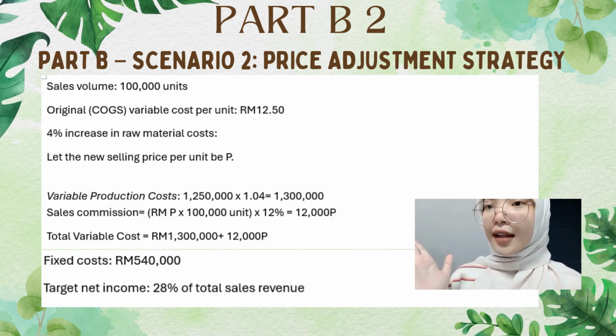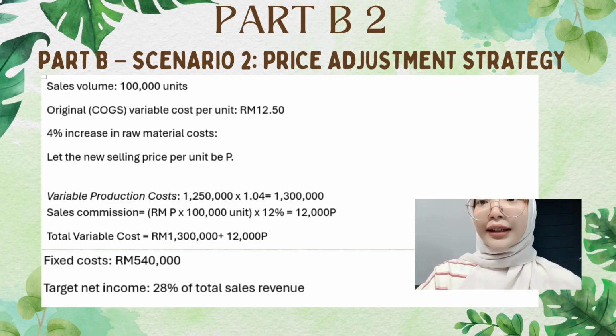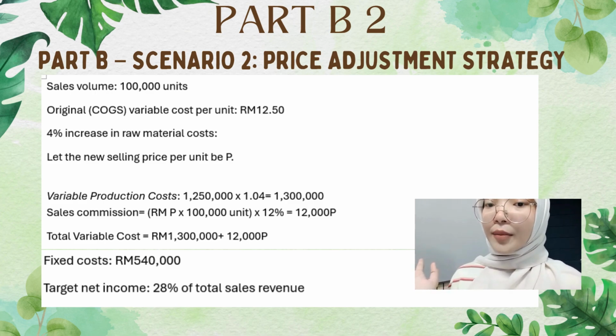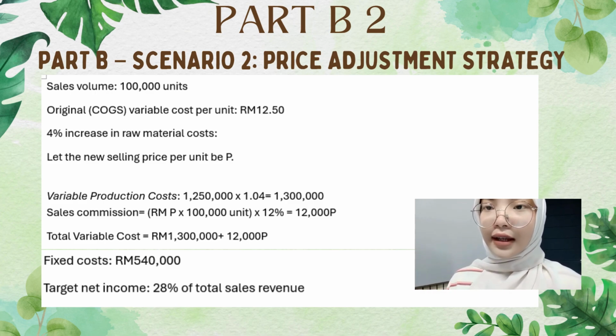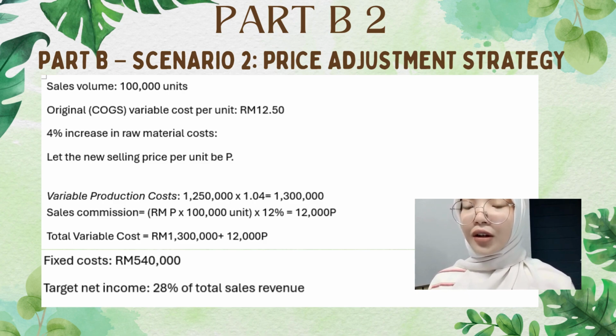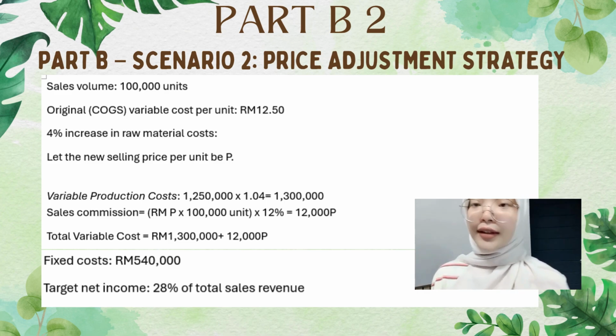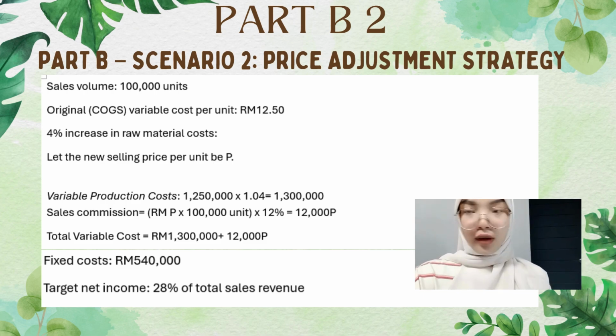So given sales volume, original variable cost per unit, raw material costs increased by 4%. Therefore, new variable production cost per unit is RM 13. So there are sales commission. The company offers a sales commission of 12% of the selling price. So the sales commission per unit is 0.12 of the price, and then the new total variable cost per unit.